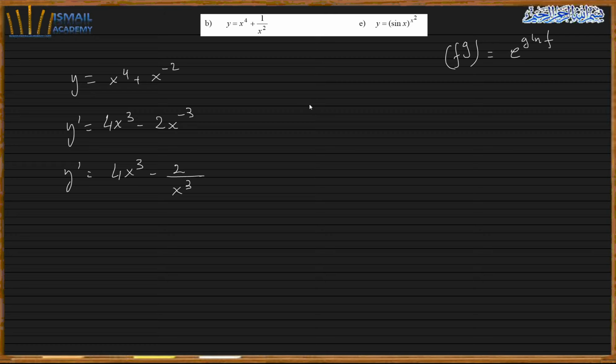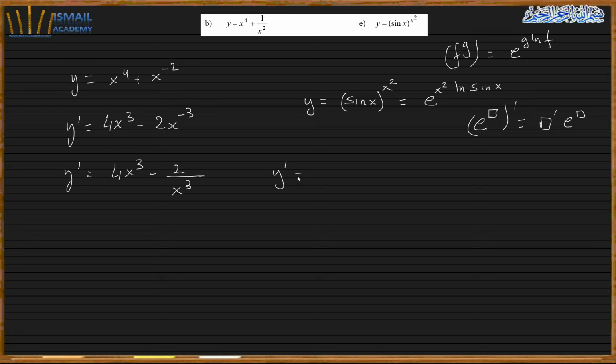So here y equal sine x to the exponent x squared is the same thing as e to the x squared ln of sine x, and we know that the derivative of exponential function is the derivative of the exponent times the exponent function. So in fact it's like I'm doing derivative of the exponent times the function itself.